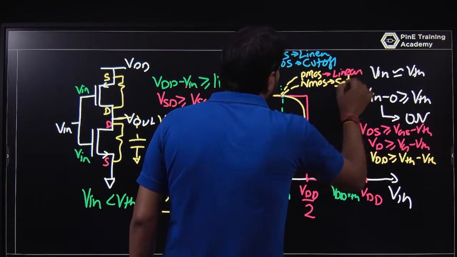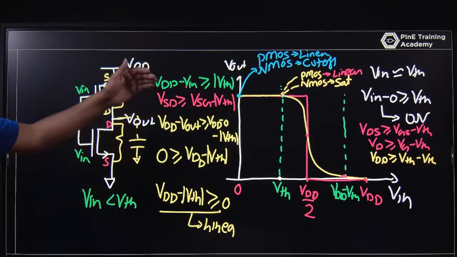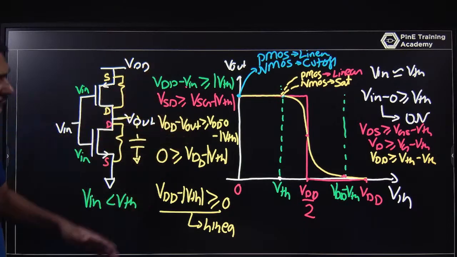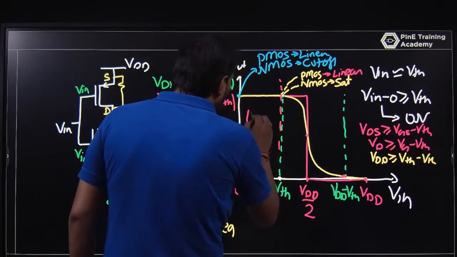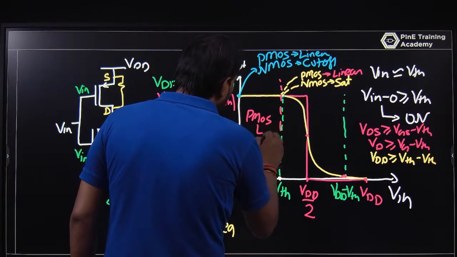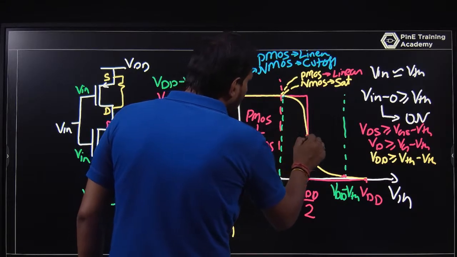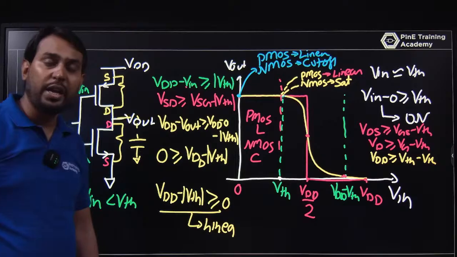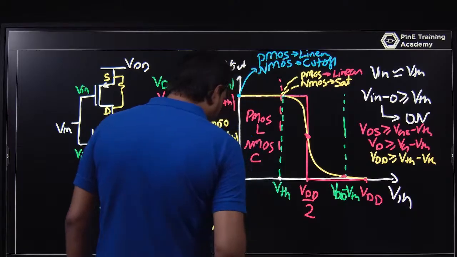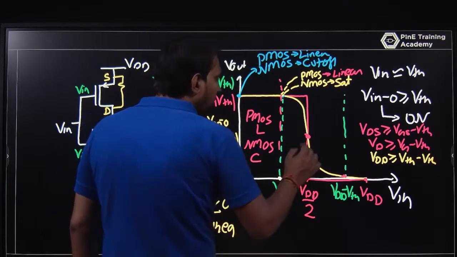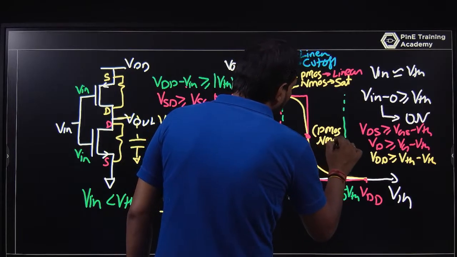As per that, you are going in such a way that PMOS is in linear and NMOS is in cutoff, till this region. Then PMOS in linear and NMOS in saturation. If you look at this point, you will find that NMOS and PMOS are both in saturation.